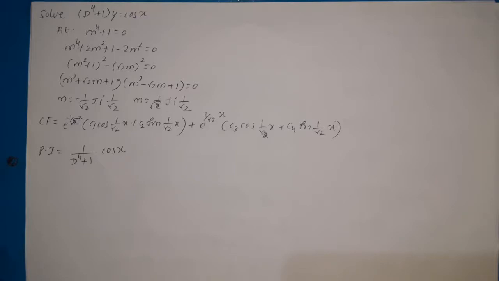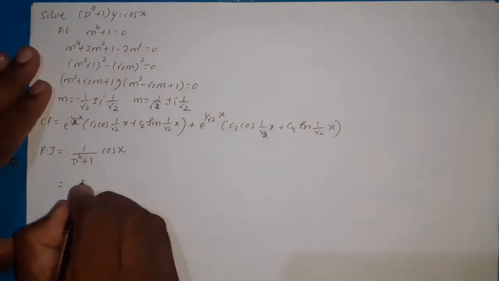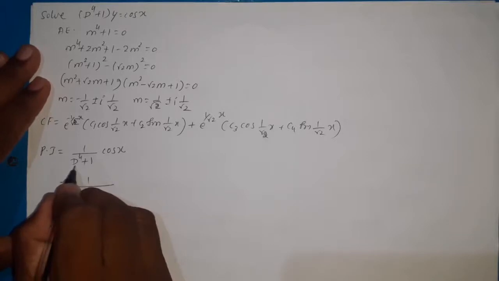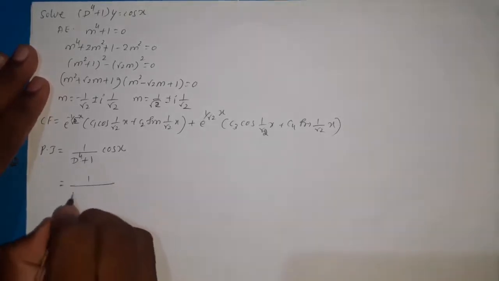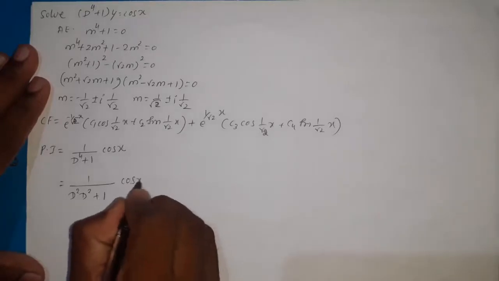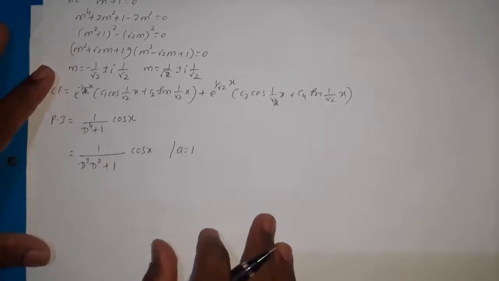Here also d square equal to minus a square. Now d power 4 can be written as d square into d square, and here a is equal to 1.